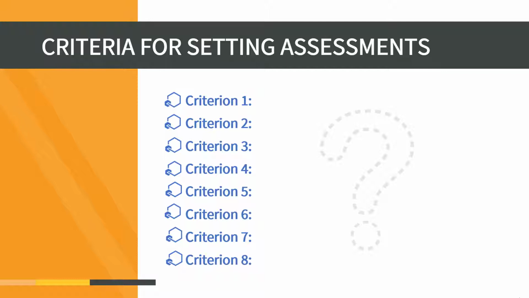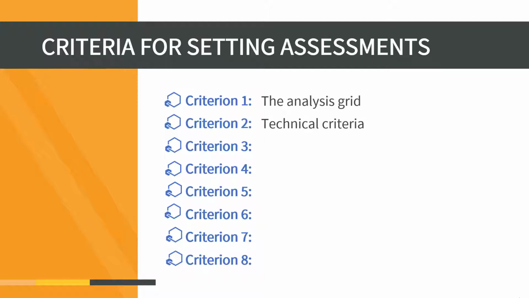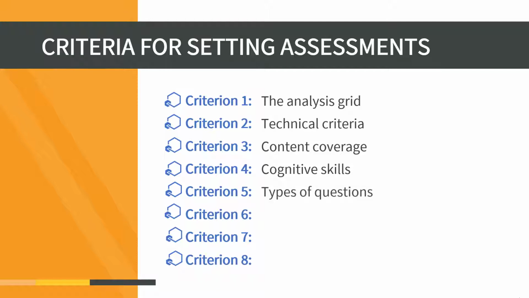These 8 criteria are: Criterion 1, Analysis Grid; Criterion 2, Technical Criteria; Criterion 3, Content Coverage; Criterion 4, Cognitive Skills; Criterion 5, Types of Questions or Tasks; Criterion 6, Language and Bias; Criterion 7, Overall Impression; Criterion 8, Assessment Tool.